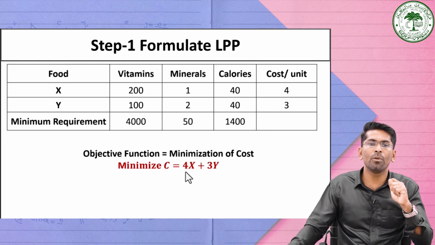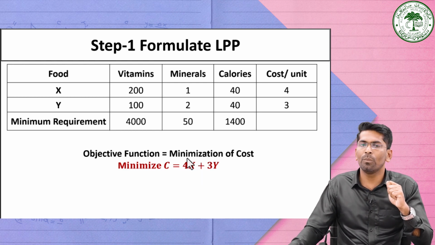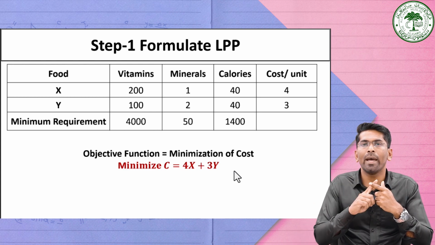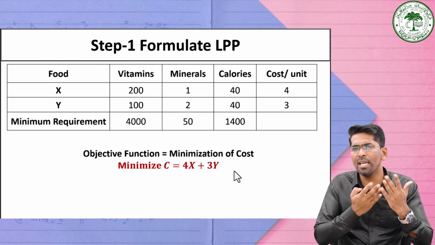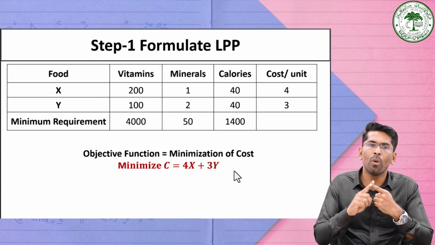So cost is equal to 4X plus 3Y. This is our objective function. The objective function is minimization of cost, and we want to minimize C, which is equal to 4X plus 3Y.